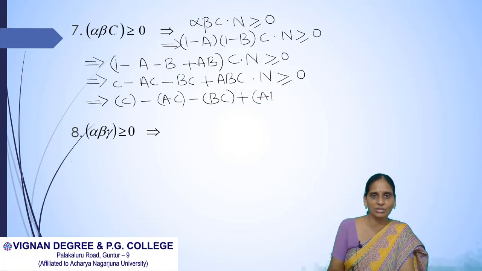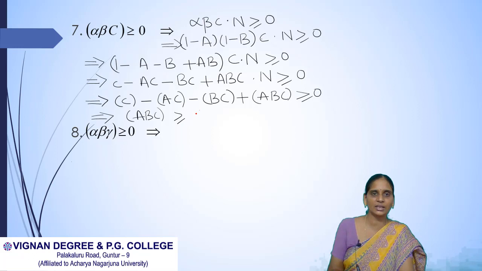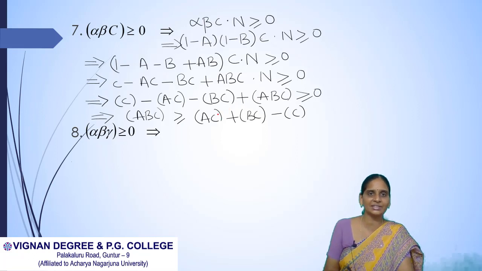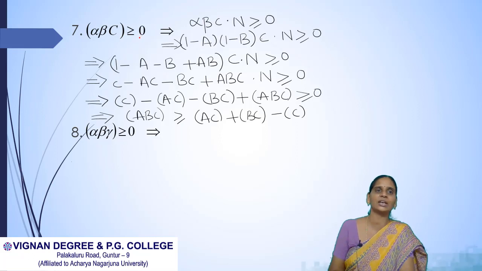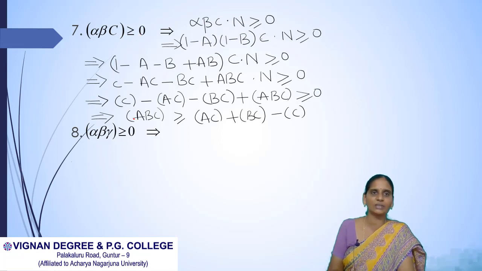Similarly, ABC into N, so that is frequency of ABC, which is greater than or equal to 0. And this implies frequency of ABC is greater than or equal to frequency of AC plus frequency of BC minus frequency of C. So this is the seventh consistency condition, that is frequency of alpha beta C is greater than or equal to 0.